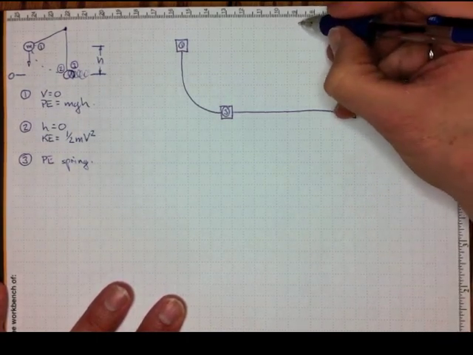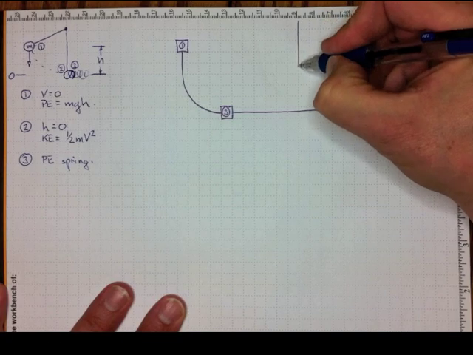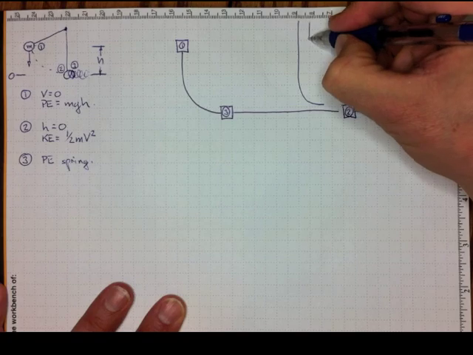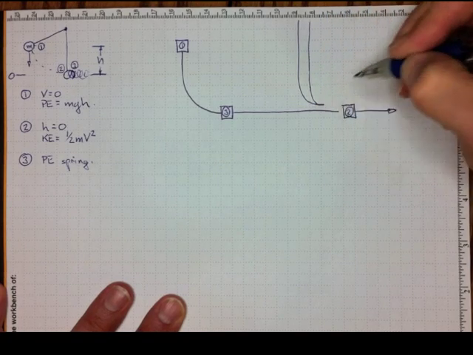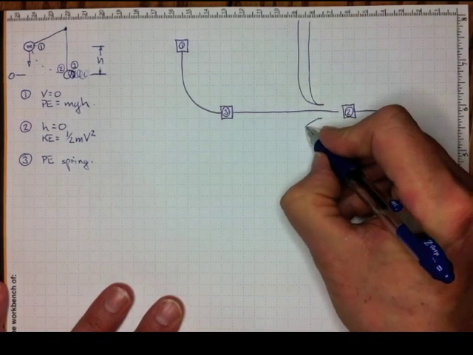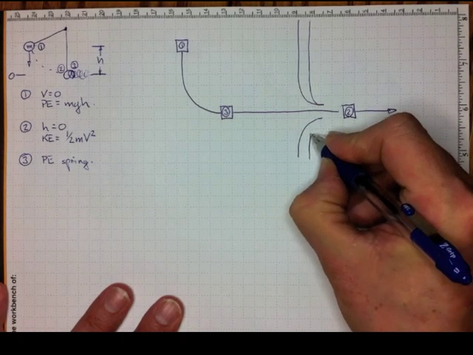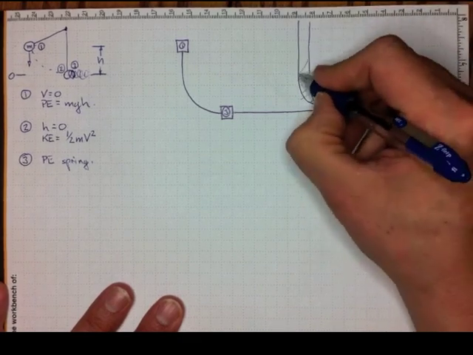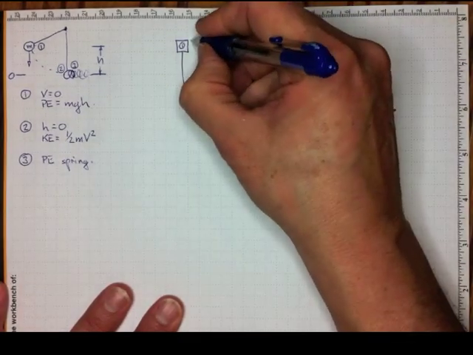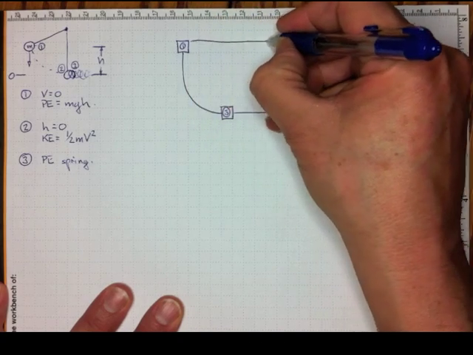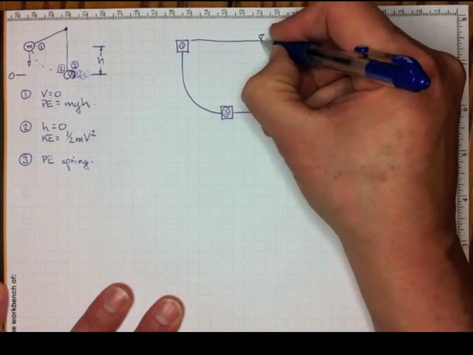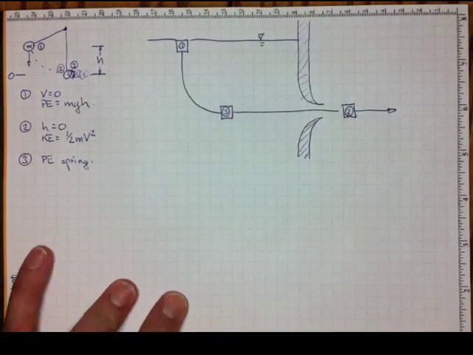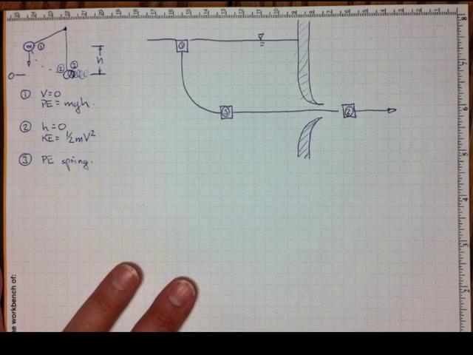So if we were to draw some walls around this, we'd have to have a wall here converging into a nozzle, something like this. And if our little fluid element is initially sitting up on the surface of the water, it'll be at atmospheric pressure, so a pressure of 0 relative to the atmosphere.